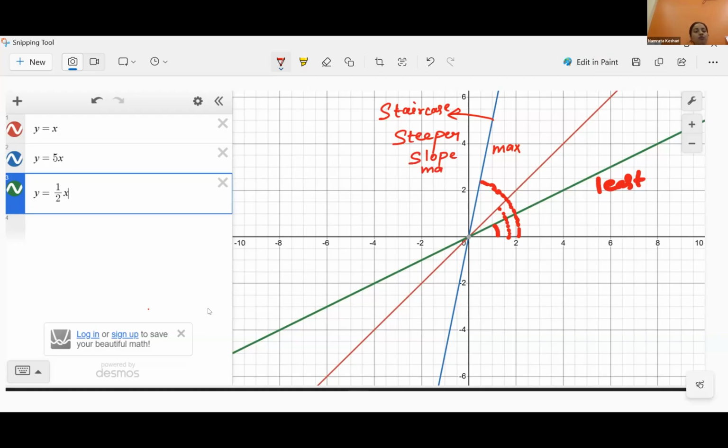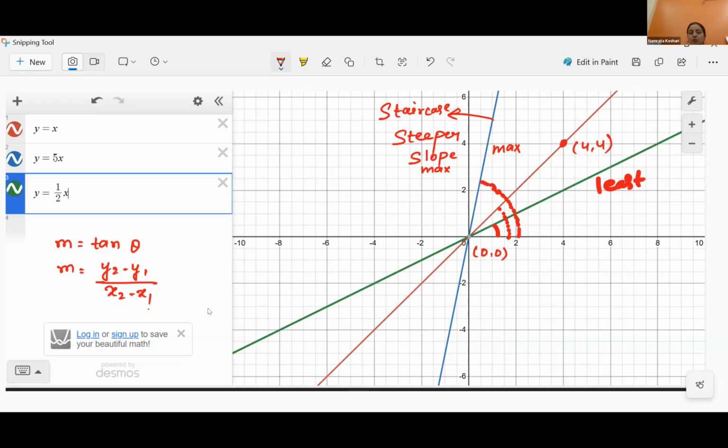Now we have also checked the slope by using the formula. For the red line, we have taken a point 4 comma 4, and the origin, since red is passing through the origin. For finding the slope we have two formulas. One, m is equal to tan theta, another m is equal to y2 minus y1 by x2 minus x1. We have used the coordinate one.